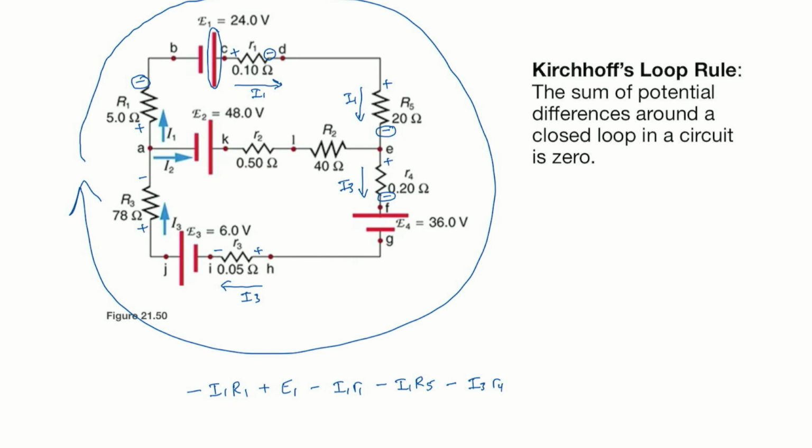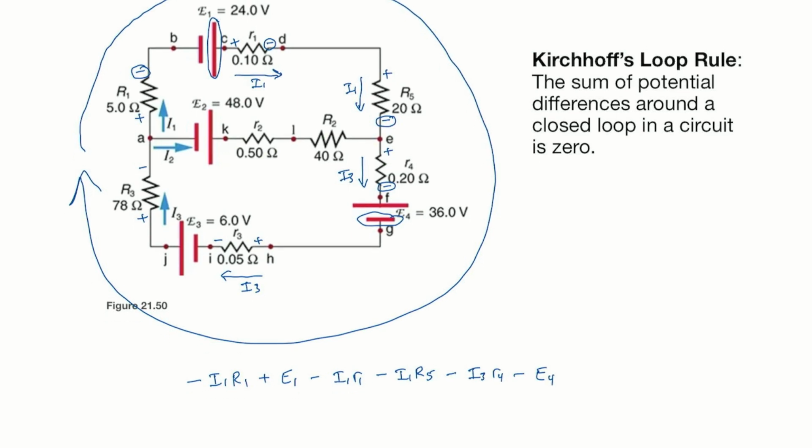Next thing we see is EMF 4. We see the short end, so that's the minus E4. Okay, we keep going. We see internal resistance r3. Last sign we see is a minus, so minus I3 little r3. Next is the EMF. We see the long side, so that's plus E3 or EMF3.